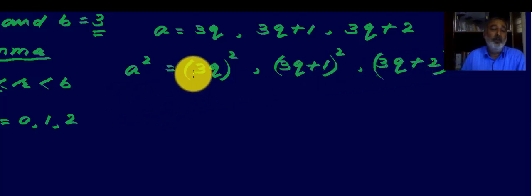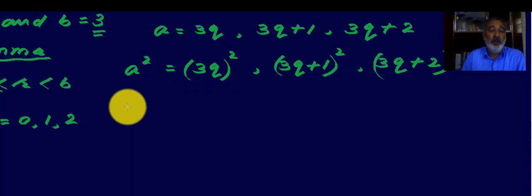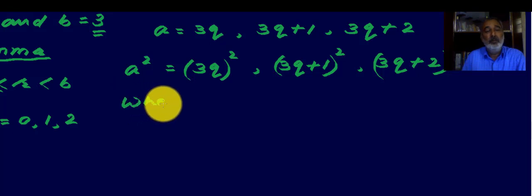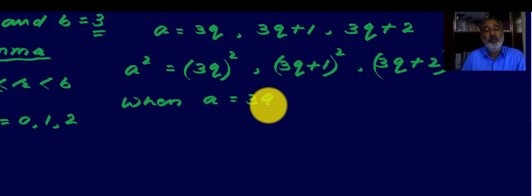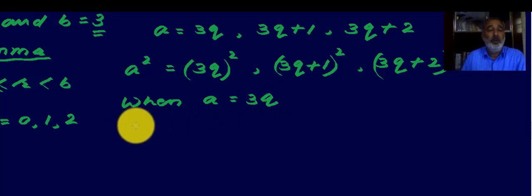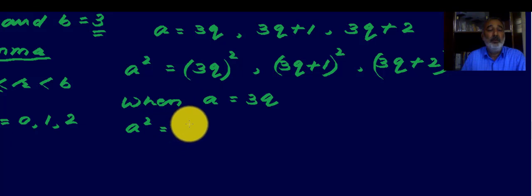Case 1, when the value of A is 3q. When A is equal to 3q, then A square is 9q square.